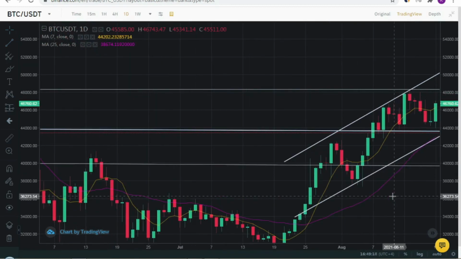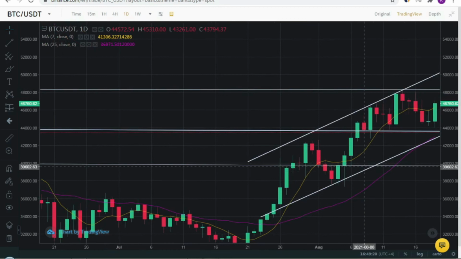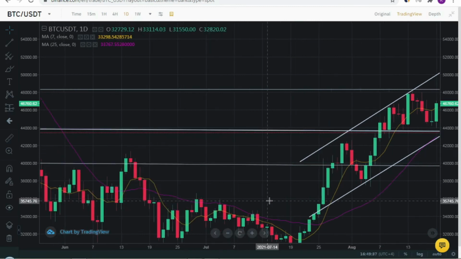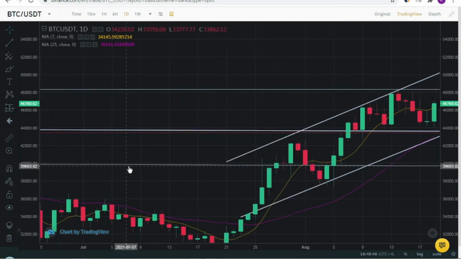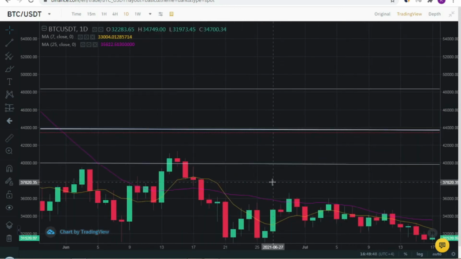Look at this. This one closes below the line you just drew and the price drops. This one does not close above, but in the next candle it closes above and the price continues to increase. This closes above, the price continues to increase. This closes below, the price reduces. This was a fake out. This was indecision, as we discussed in our other videos.